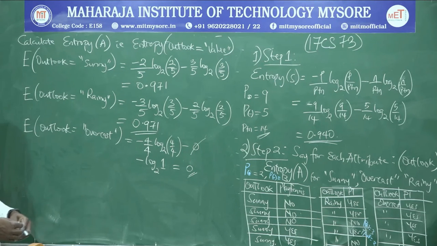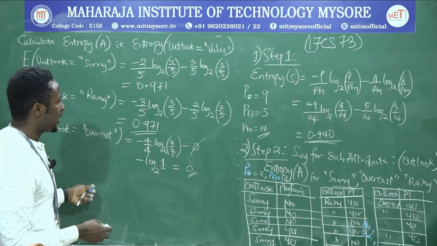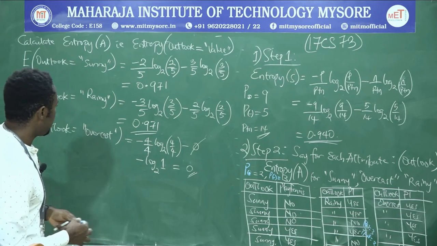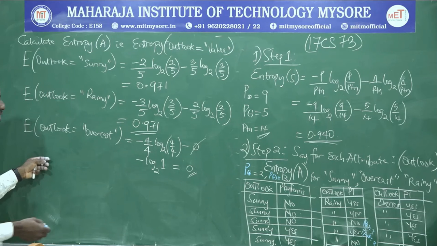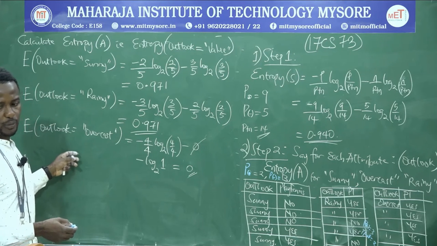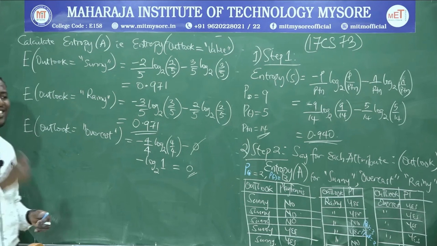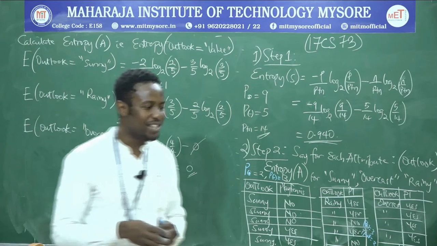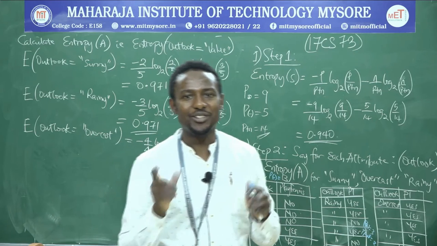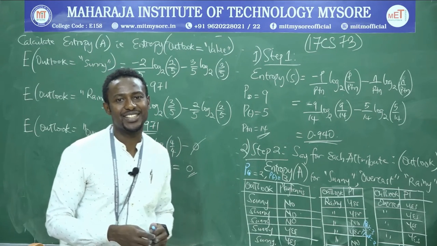So this is done. Now, after this is done, we have to pick what? Tell. You are wrong. You cannot pick the information gain now because you have not computed it.